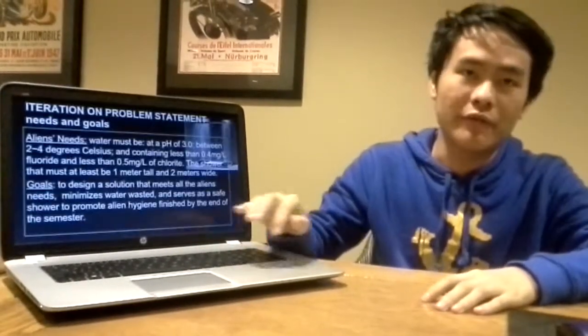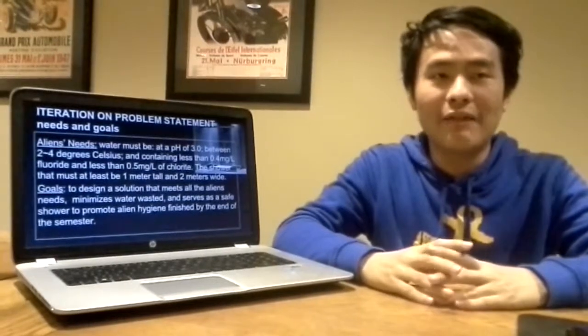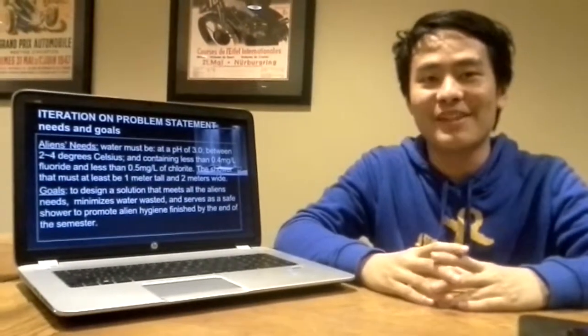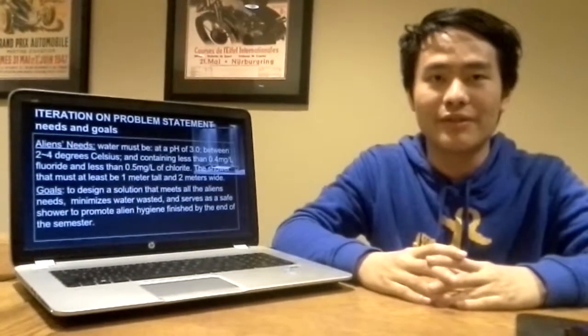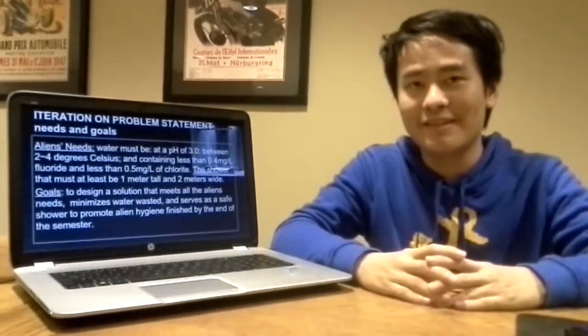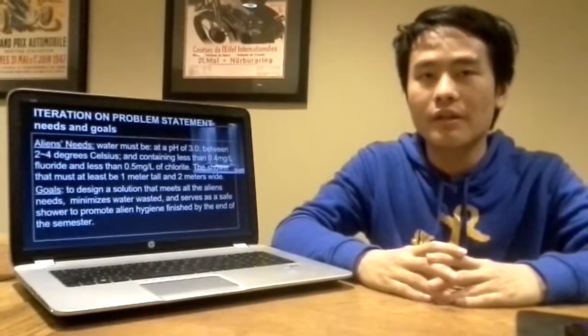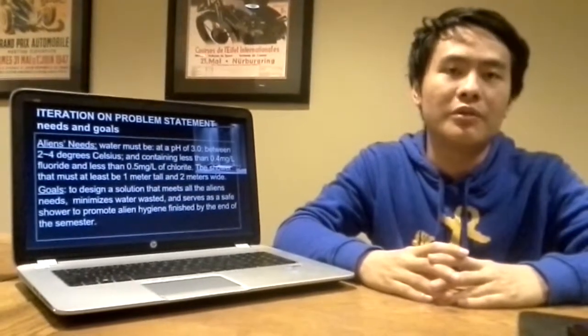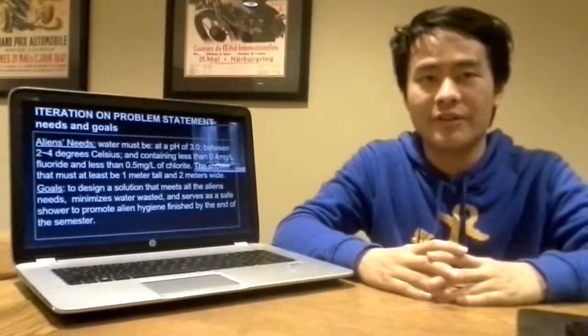Now first, let's go with the aliens' needs and goals. After our professor updates the aliens' third interview, we conclude our thoughts on aliens' needs. Aliens basically focus on the water things.